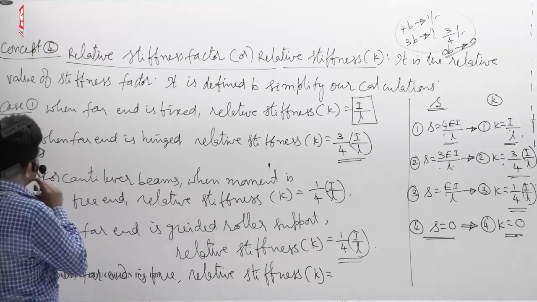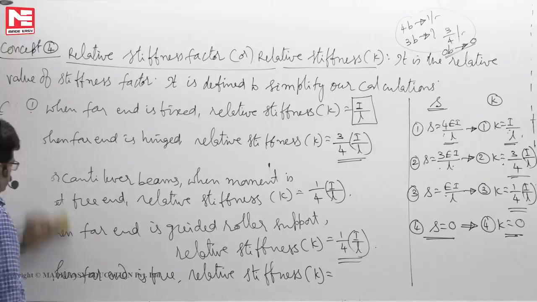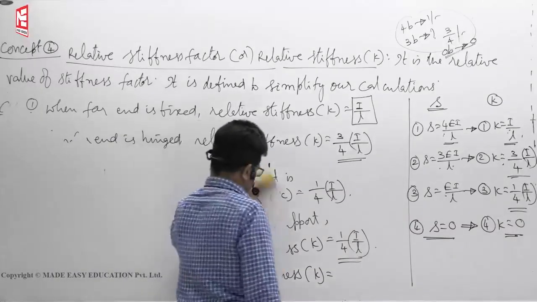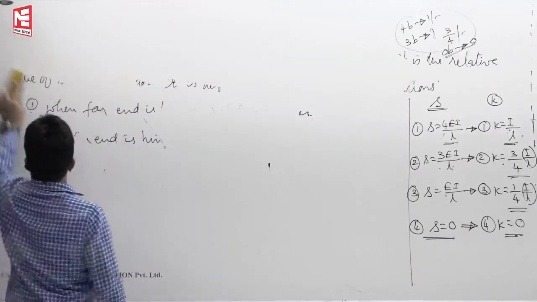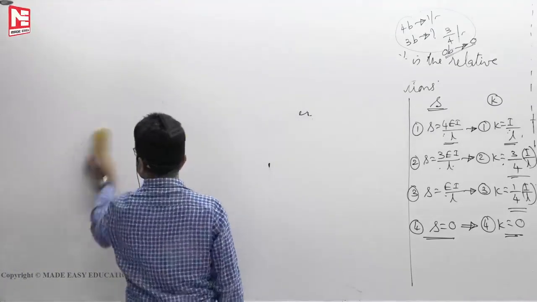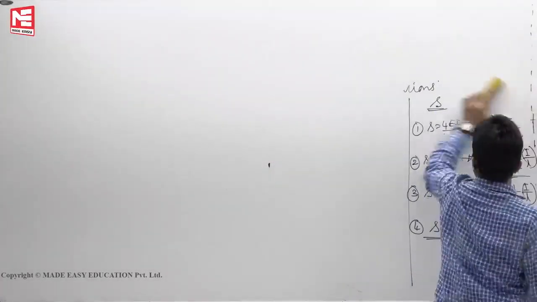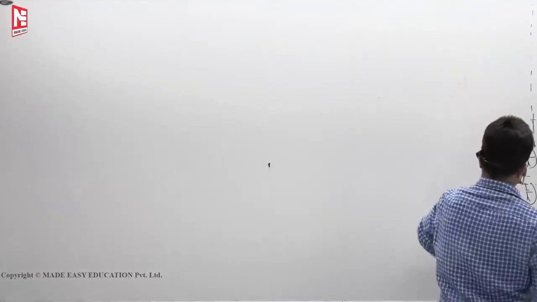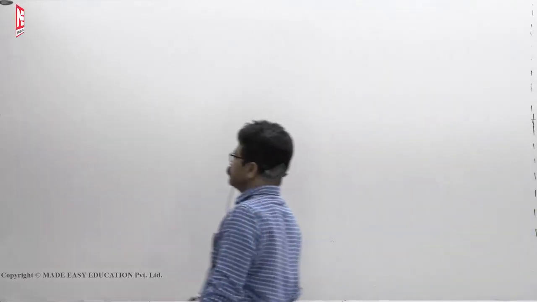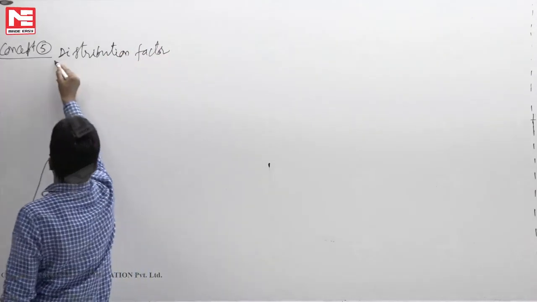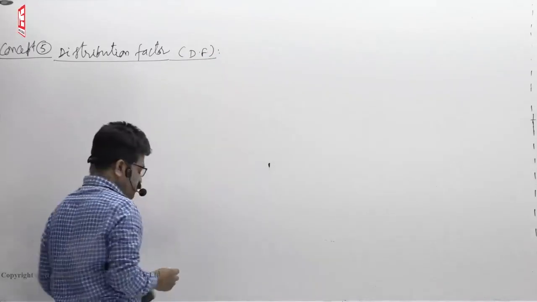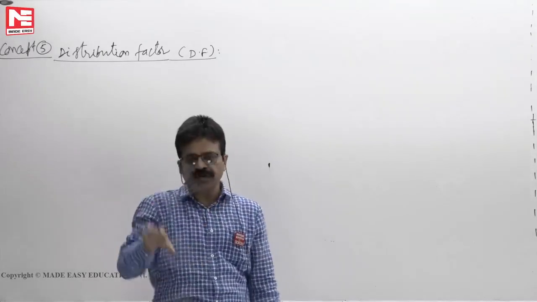Now let us see the fifth concept, distribution factor. Distribution factor means at a joint, 4 or 5 members are meeting, let's say.